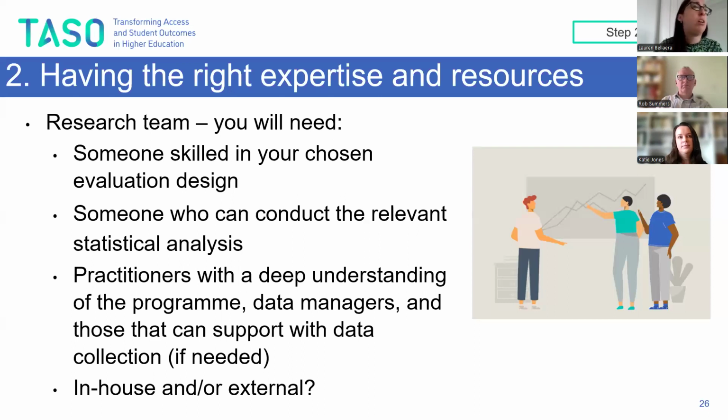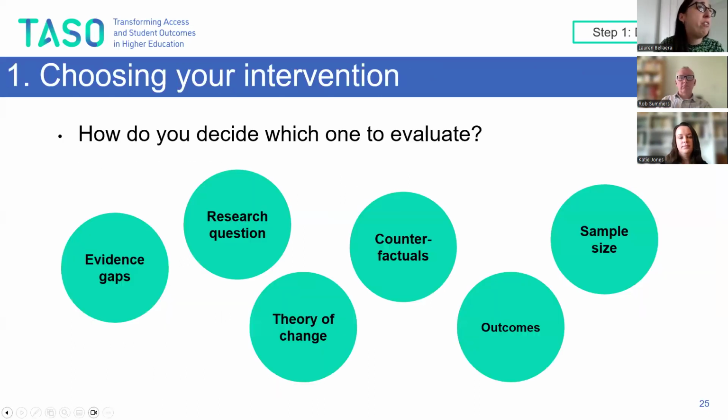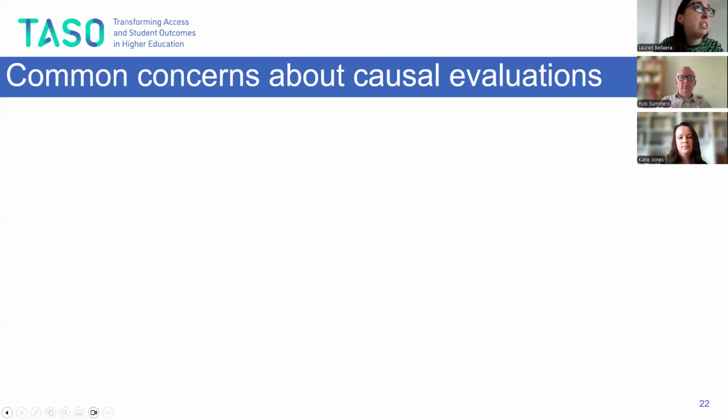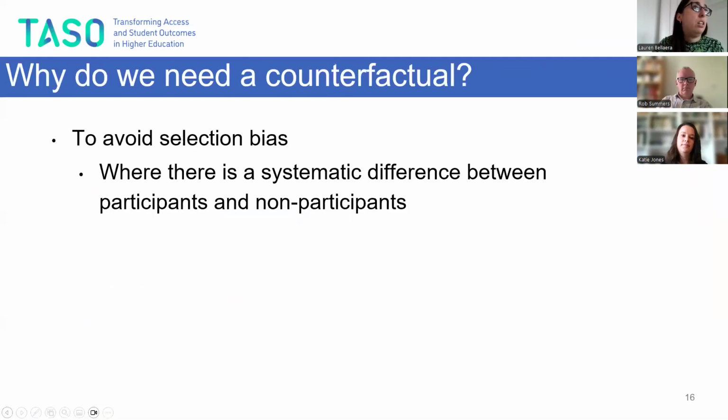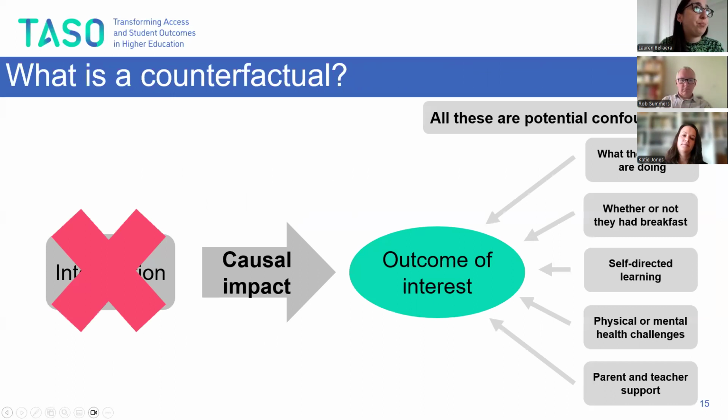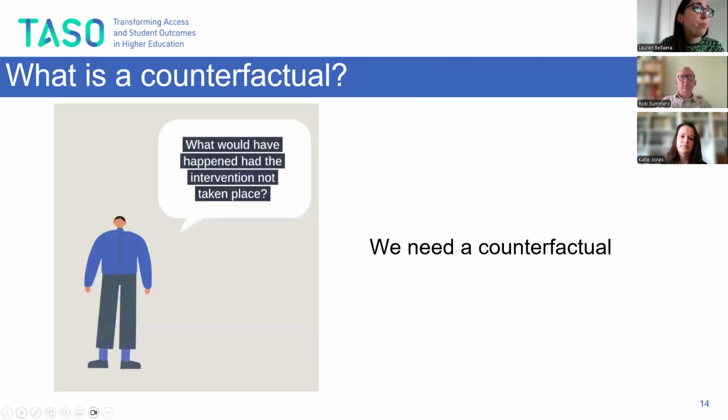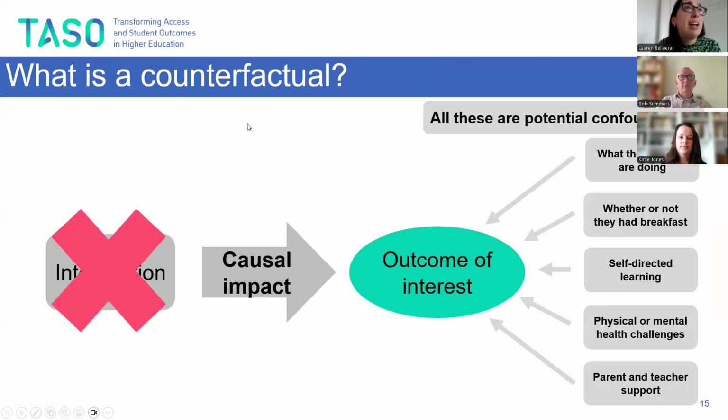And so if I just go back quite a few slides. Your counterfactual is removing the intervention, and then you're essentially left with the difference between your intervention and your counterfactual. We sometimes also refer to it as a control or a comparison.